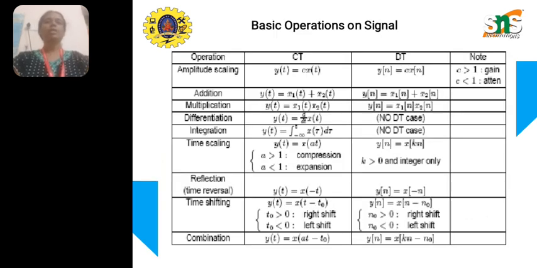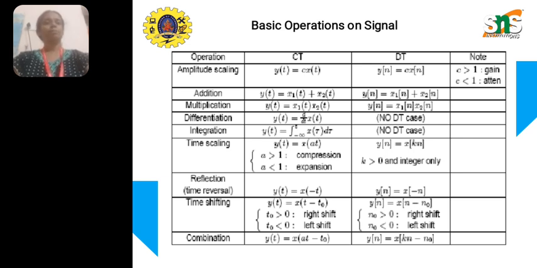Next are the basic operations on a signal. What are the major operations that can be performed on a particular signal? As we do regular operations in mathematics, the same can be achieved here also. That is scaling, addition, subtraction, shifting, and reflection, everything.